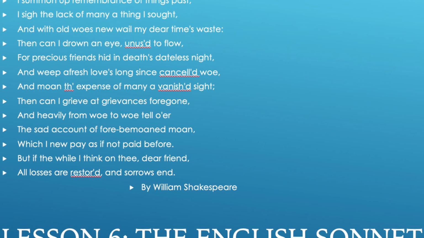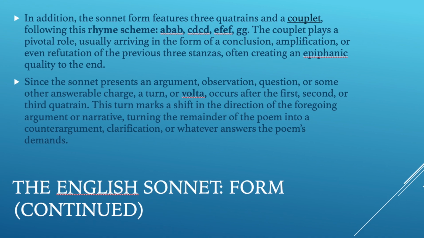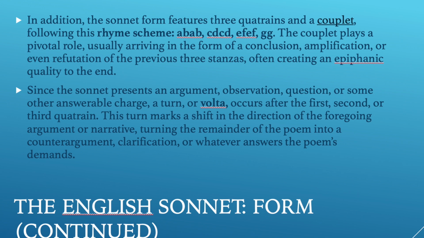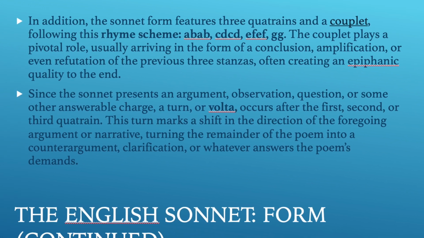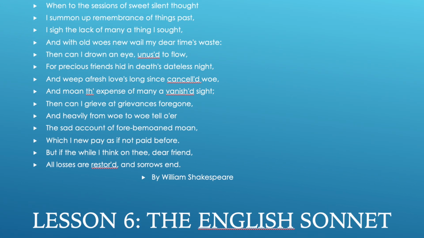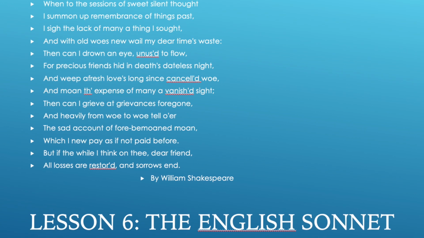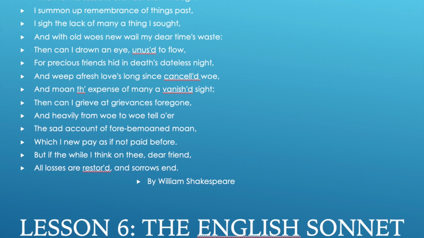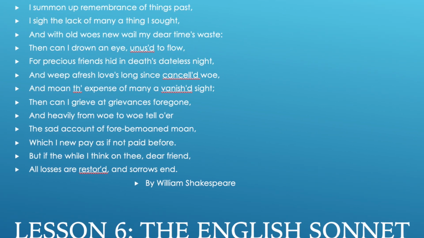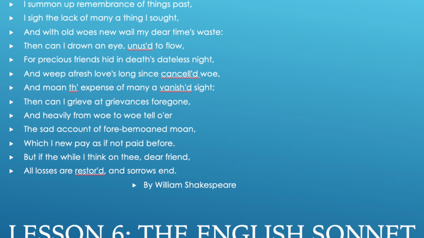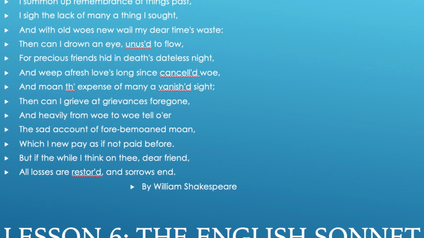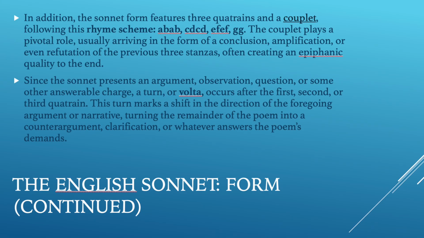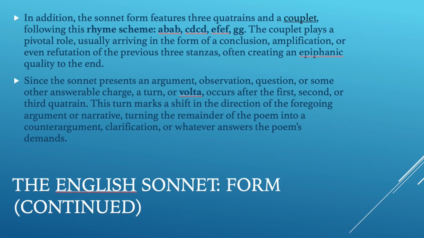Then E, F, E, F. I'll just read the last lines: gone, over, moan, before. Over is made to rhyme with before, and gone, moan, again, it's not a great rhyme. And then the final couplet rhyming, which is the G, G, and that is friend and end. So that's the rhyme. So whenever you see rhyme scheme in a poem, it's always the way the final syllable of each line rhymes, the end rhyme.